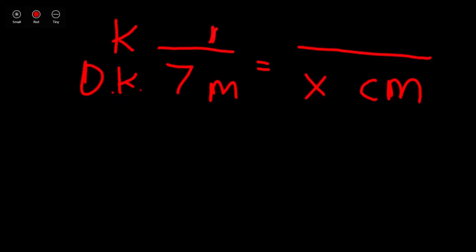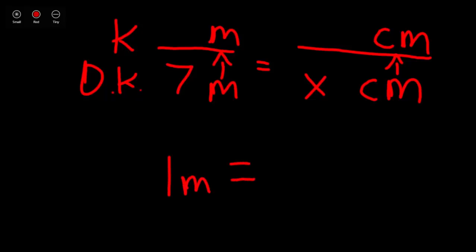Again, we're going to move meters up because you keep the same unit on the side that isn't originally on. So let's find out what we know about meters and centimeters. Take a minute to look at your conversion chart. If you do, you should see that 1 meter is equal to 100 centimeters.